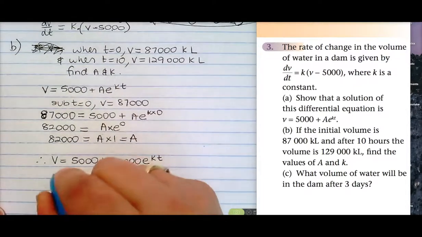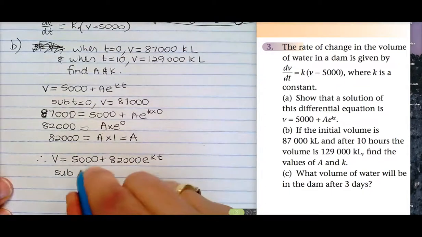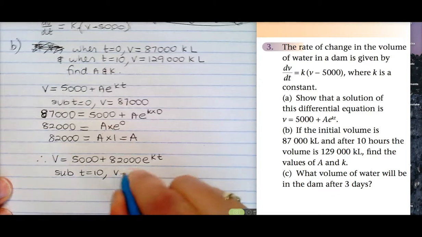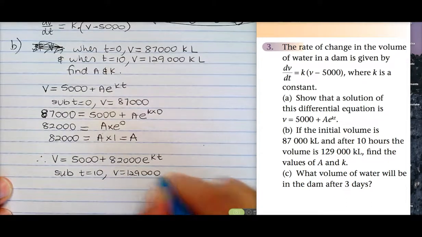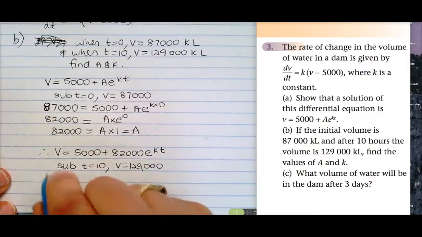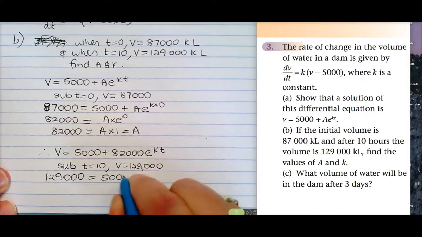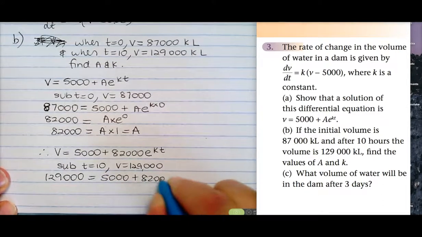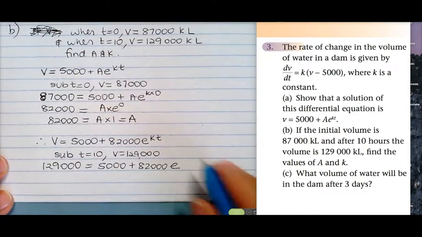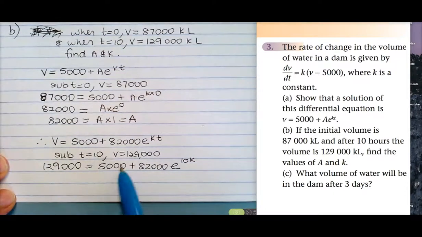Now substitute T is 10, V is 129,000. Girls, it's not too hard. And you get 129,000 equals 5,000 plus 82,000 e to the 10k. Can we just do it in one step?